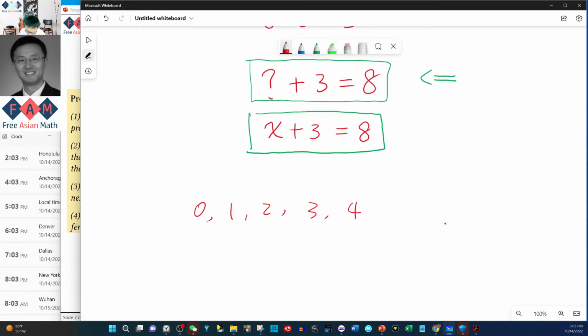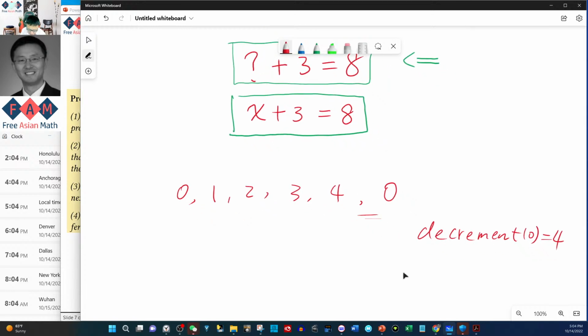Now, what if I tell you it counts forward and the next number is 0? Well, if this is indeed the case, we can say decrement 0 should be 4, right? And this is a loop. From this point on, you will get 1, 2, 3, 4, and 0 again. We don't want this to happen. We don't want to have a loop in our natural numbers.